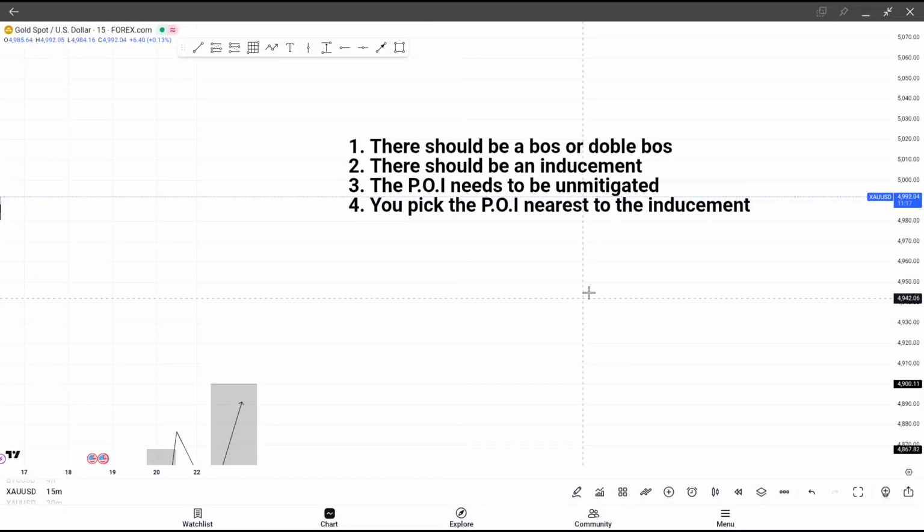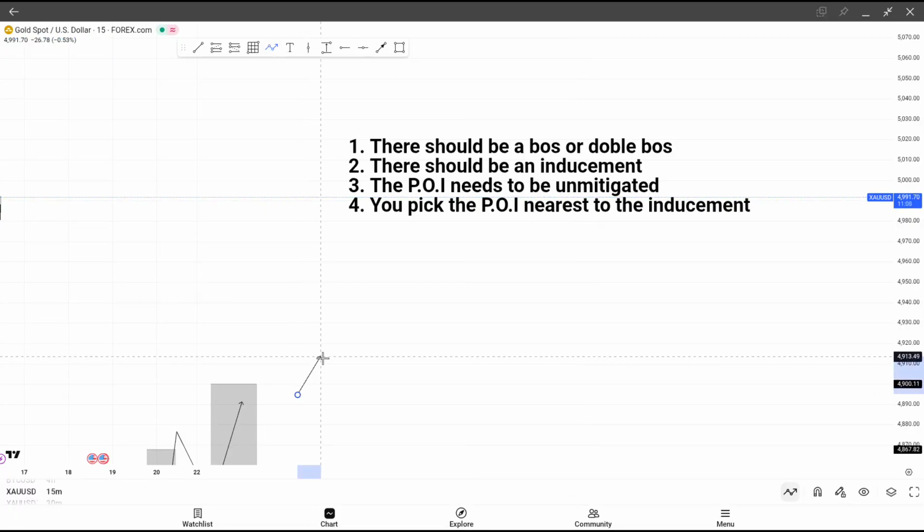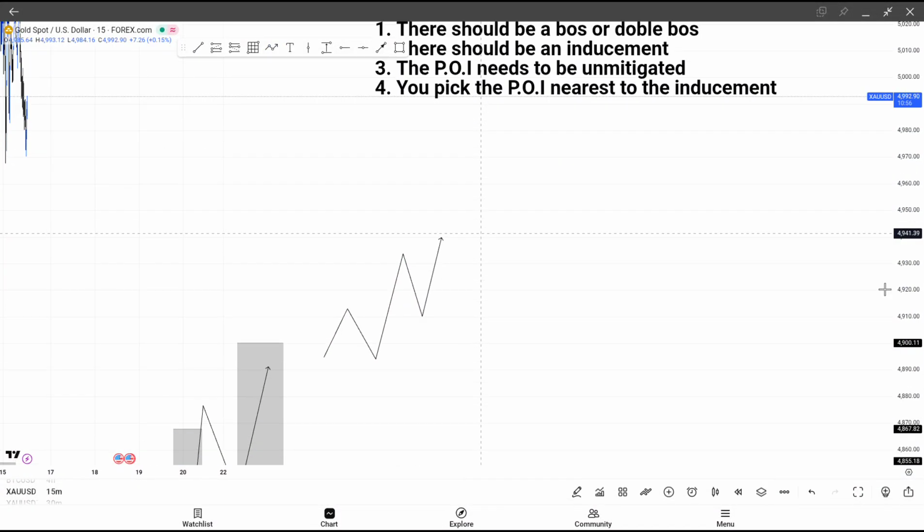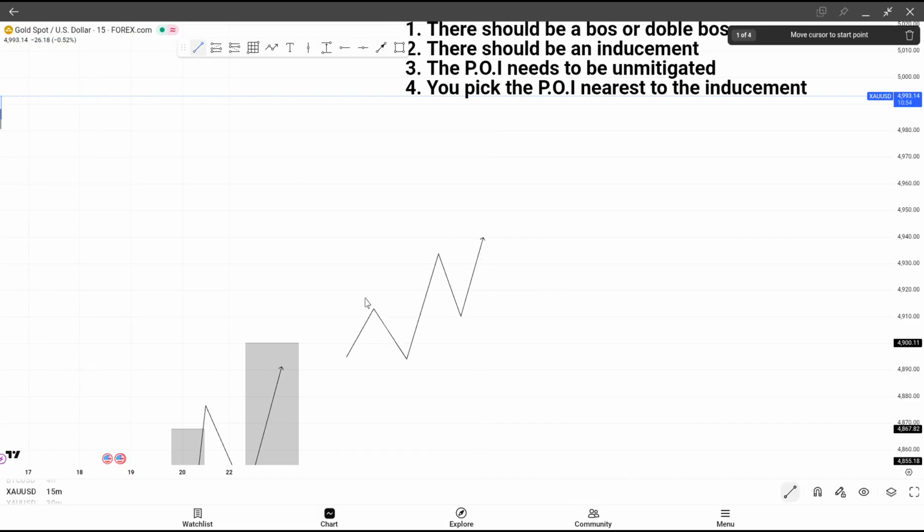Those are the 4 rules. Pay attention. For example, okay, let's go. This is a break of a structure. Okay, you have the first pullback, that is what? The inducement. Okay, is this one.